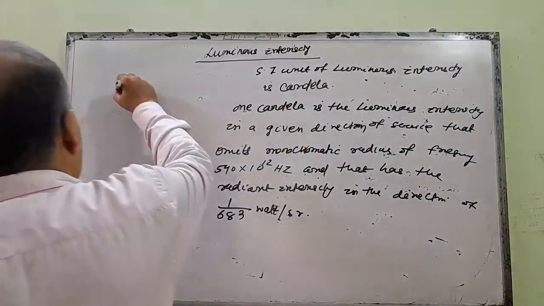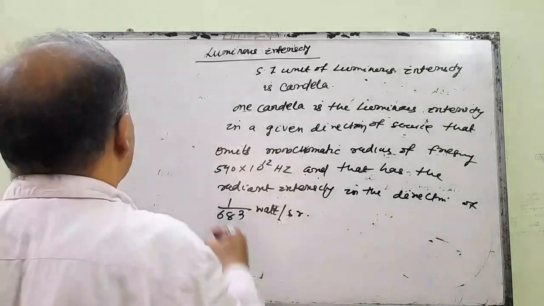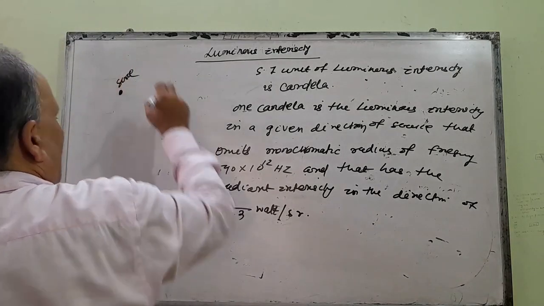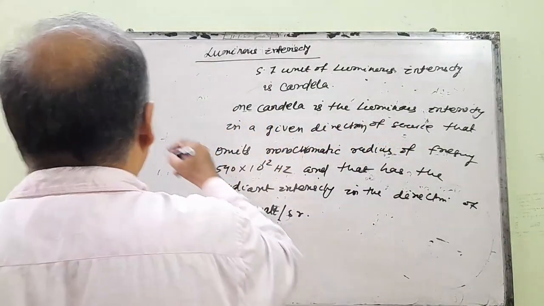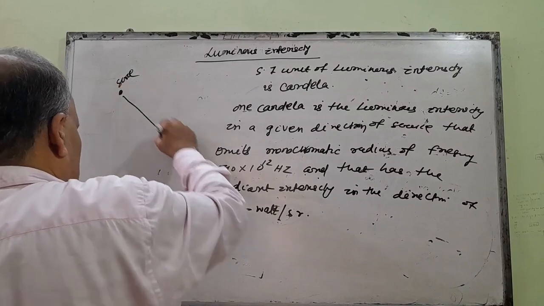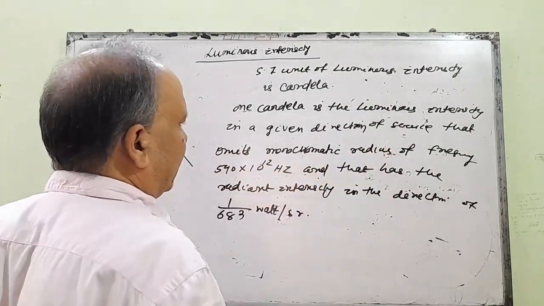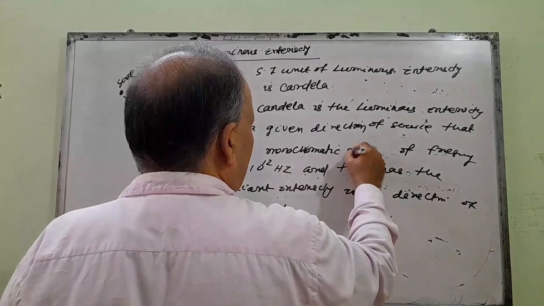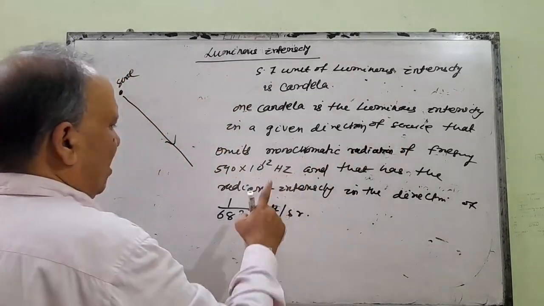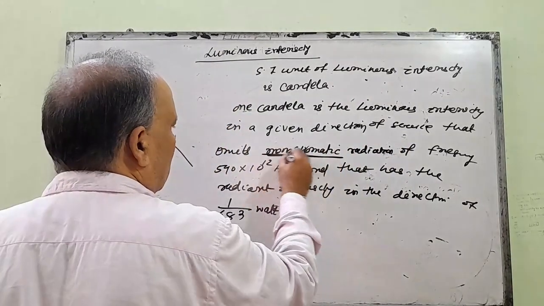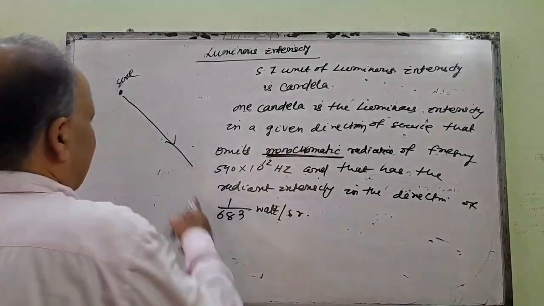You see, what is its definition? Suppose you take a source, it is the source which produces light. One candela is the luminous intensity in a given direction of a source which emits monochromatic radiation. Monochromatic means a single wavelength or single color.